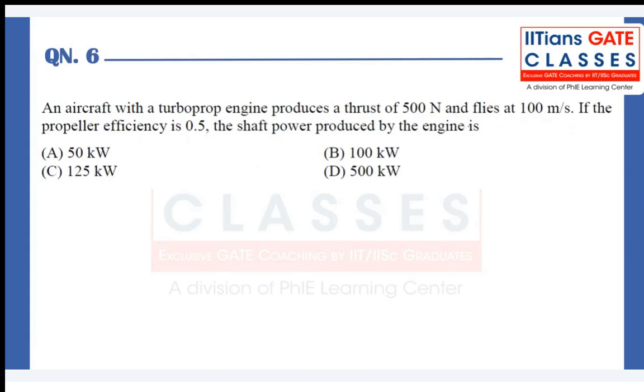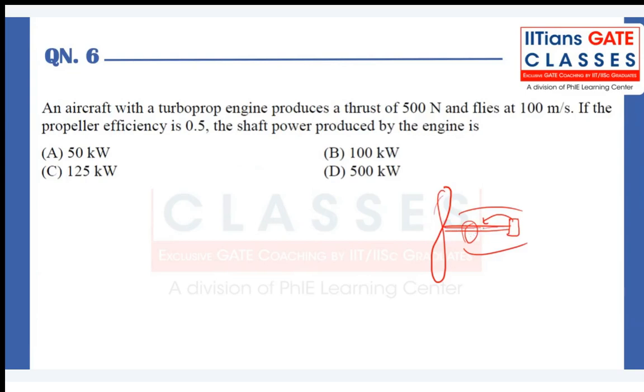Now, I have a propeller driven aircraft which is connected to a turboshaft engine. Say I have a shaft which is run by a turbine, delivering power to run this shaft. This shaft is running the propeller, right? Now there is a transmission from the shaft to the propeller, and there can be a loss while transmitting the energy from the shaft to the propeller.